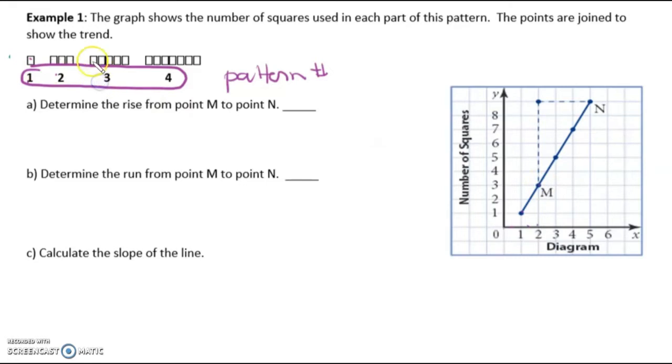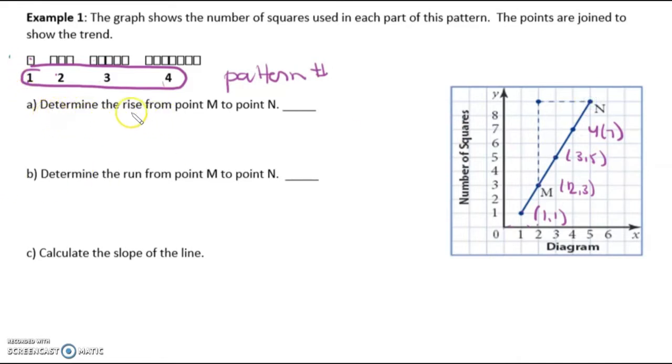Pattern 3, we have 5 squares, so 3 comma 5. In pattern 4, we have 7 squares, 4 comma 7. That's how this visual representation is shown on the graph. They did extend it one more, that's fine too.